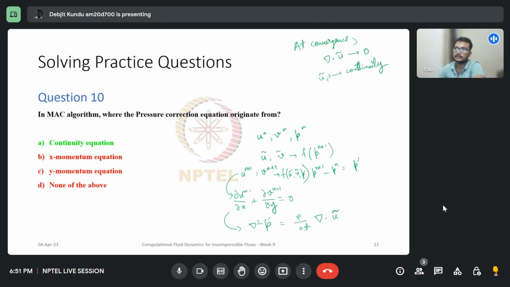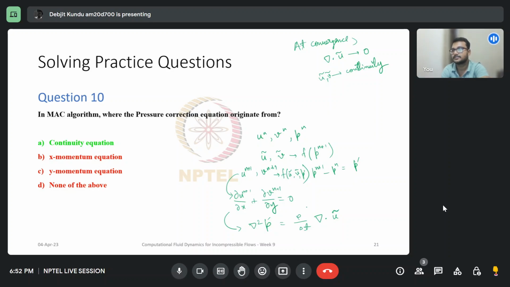U tilde, v tilde both. I'm considering a velocity vector sort of. So at that point, there won't be a pressure correction required as well. So until then, we will keep repeating the iterations where the pressure correction is still there, and that depends on the del of u tilde.